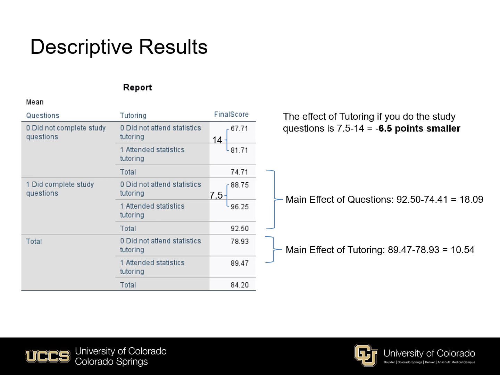So one way to look at this is that the effect of tutoring, if you do the study questions, is 6.5 points smaller. So tutoring is less effective if you already do the study questions. That is an example of interpreting an interaction effect, because clearly the effect of tutoring does depend on a third variable, and that third variable is whether or not you completed the study questions.